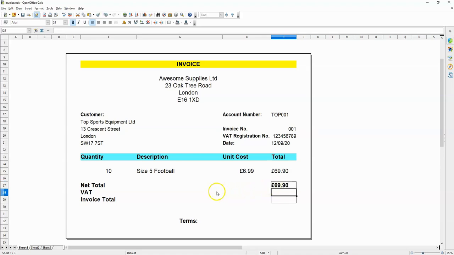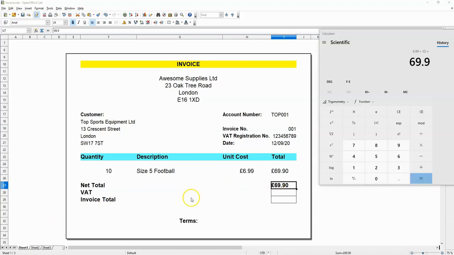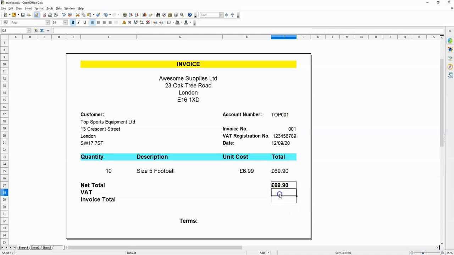Next, let's calculate VAT. Because we're in the UK, this is going to be 20% of the net total. 20% is equivalent to 0.2. So to get VAT, we're going to multiply 69.90 by 0.2. Let's do that, and that's going to give us 13.98.